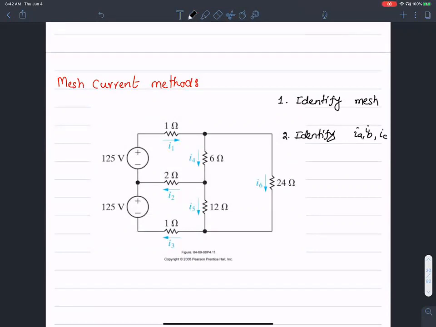It appears to me that there are 3 independent meshes here, so I identify IA, IB, and IC to be the mesh currents. The next step would be to set up KVL around each mesh.